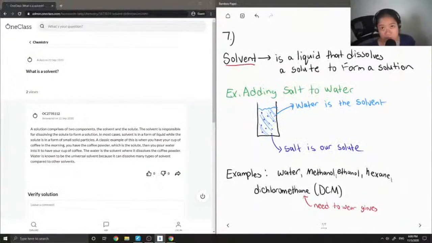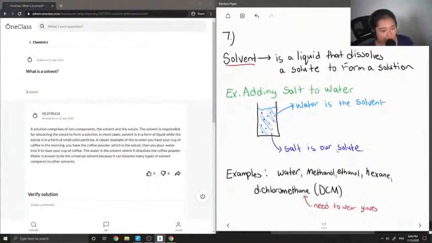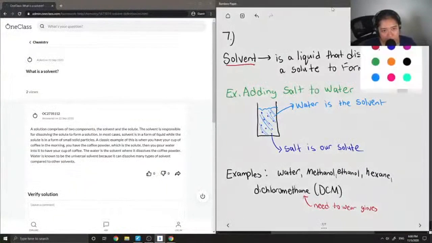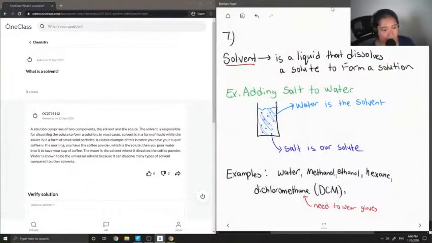You can have a lot of variety of different solvents, or even a mixture of two of them, like 60% water and 40% methanol. So there's a lot of variation to it, really.